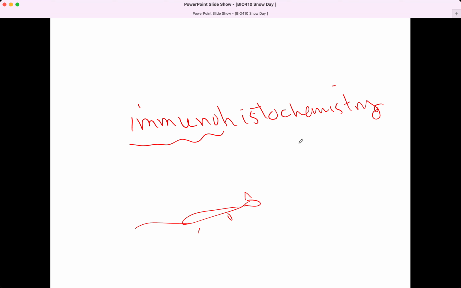What scientists do is they take lots of this molecule of interest and inject it into the animal. The animal recognizes it as foreign, and that's especially true because the scientists mix some other chemicals into this injection that help the animal's immune system be activated.